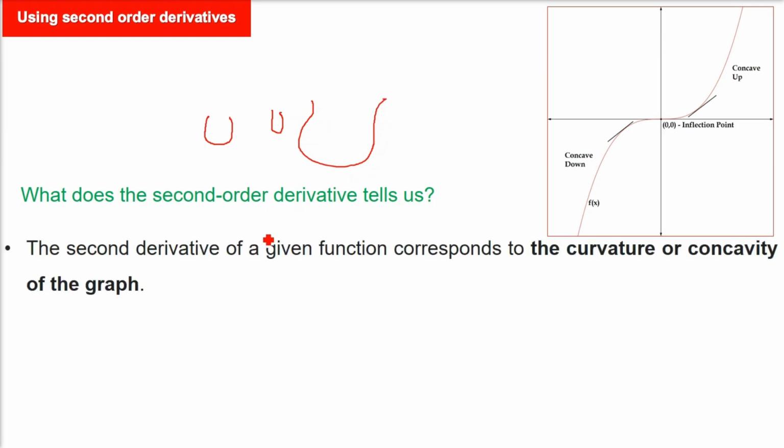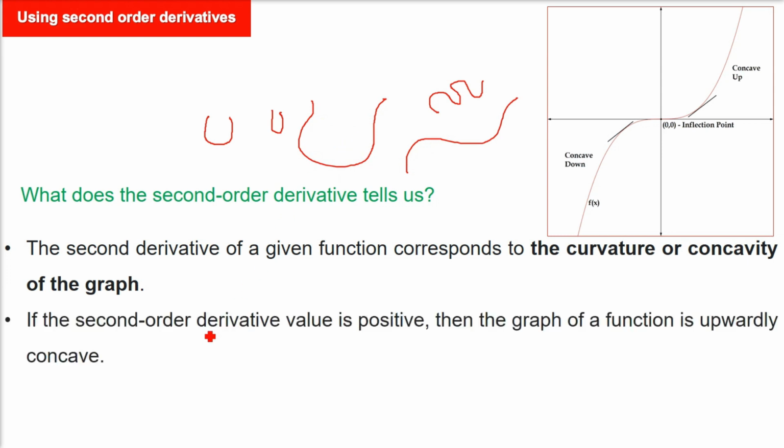So the second derivative of a given function, that is the slope of the slope, gradient of the gradient, it corresponds to the curvature or the concavity of the graph. How concave it is. In simple terms, if the second order derivative value is positive, then the graph of a function is upwardly concave, it is an increasing function.